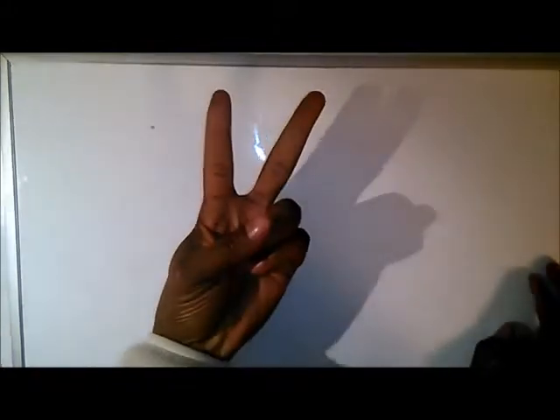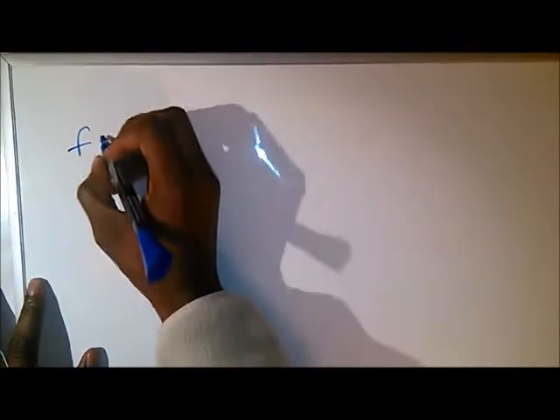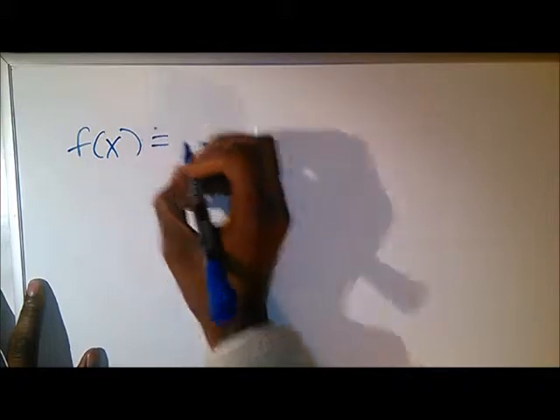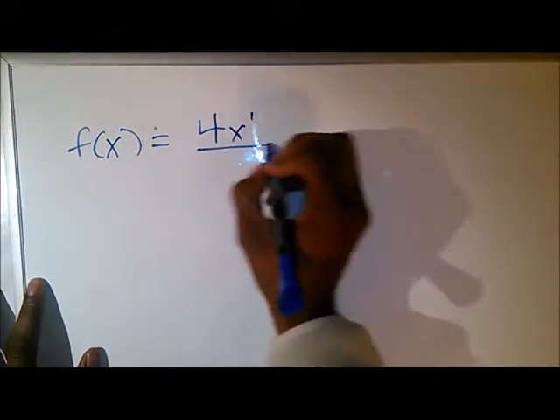So when you graph rational functions, before we get into it, we need to know what a rational function is. A rational function is when you have two polynomial functions that are divided by each other. For example, this is a rational function, and it's going to come up later.